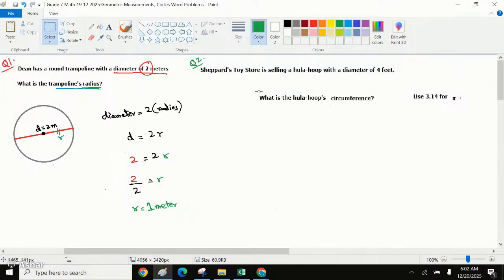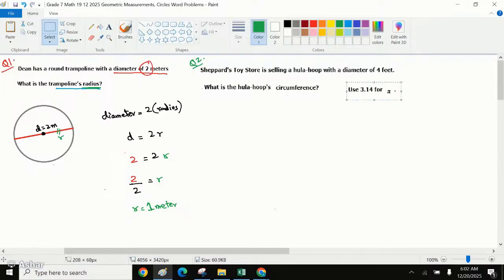Let's read the question from the beginning. Shepherd's toy store is selling a hula hoop with a diameter of 4 feet. Again, the diameter is given to us. What we need to find is the circumference.